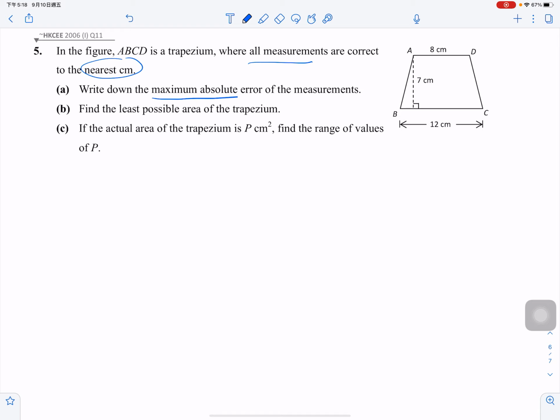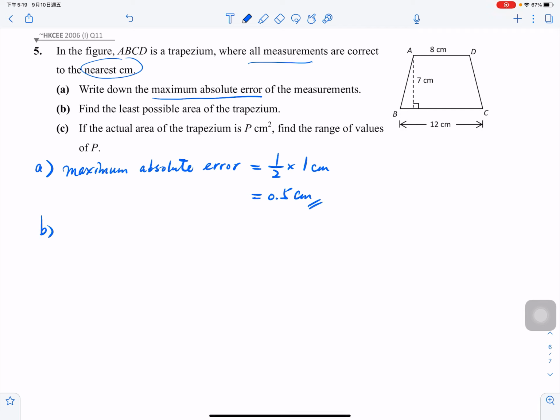First, write down the maximum absolute error of the measurement. I think this one is not difficult. So the maximum absolute error equals half times 1 cm, right? So 0.5 cm is the maximum absolute error.